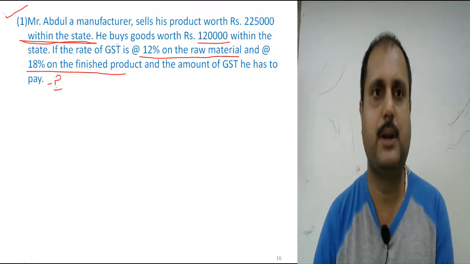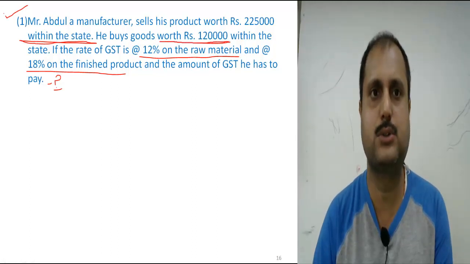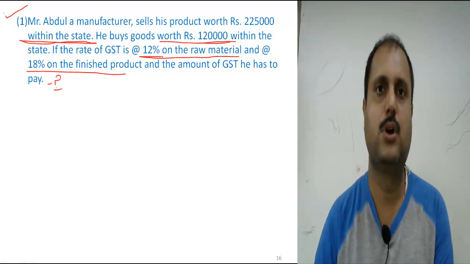So it is a raw material. He buys worth rupees 1,20,000 within the state. So the raw material is 1,20,000 and the rate is 12% on the raw material. The GST will be imposed on the purchase of any product.